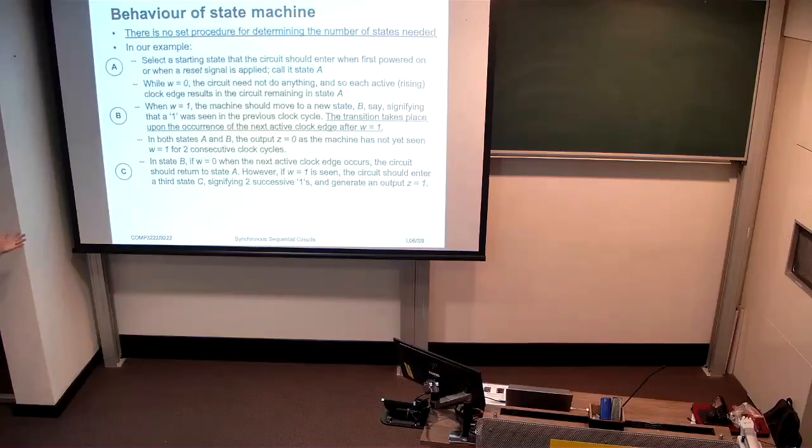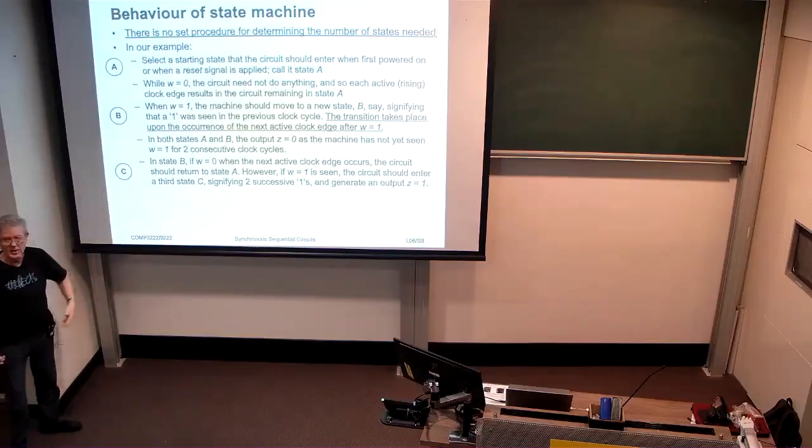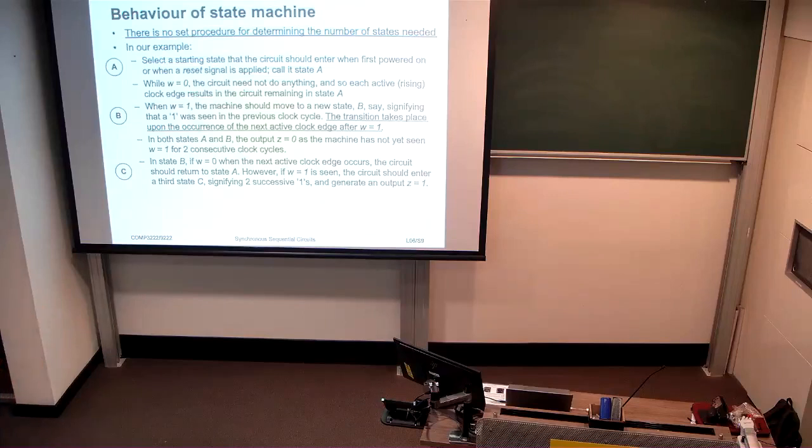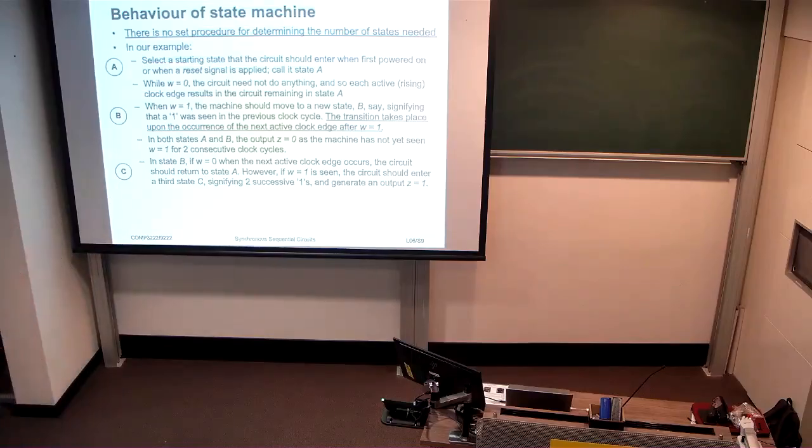Therefore we can realize there has to be a third state in this system, which effectively denotes the fact that we've just seen two successive ones in the previous two states. So if in state B we receive a 1, we should enter a third state, an accepting state, where the output Z becomes 1, and this state denotes that we've seen two 1s in a row in the previous 2 clock cycles.